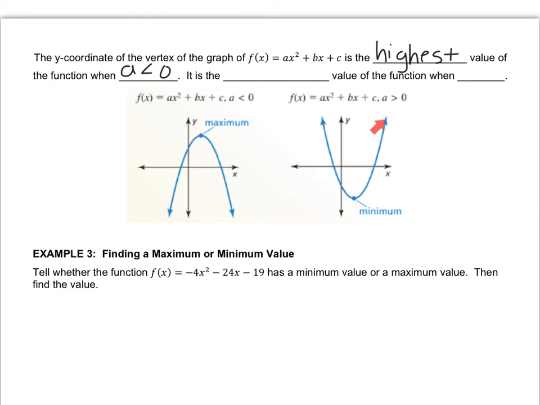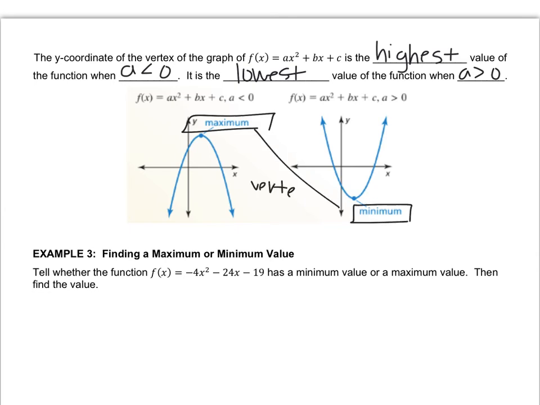When it's an upward-facing parabola, or like a smiley face parabola, then our vertex is going to be down at the bottom, and it's going to be the lowest value when a is greater than 0. Now, we call that minimum and maximum, so that's just another word for vertex. I don't want you to think it means something different. It's just another word for vertex, minimum, and maximum.